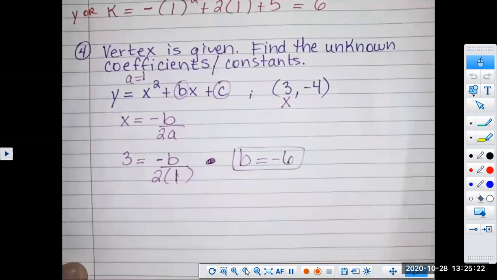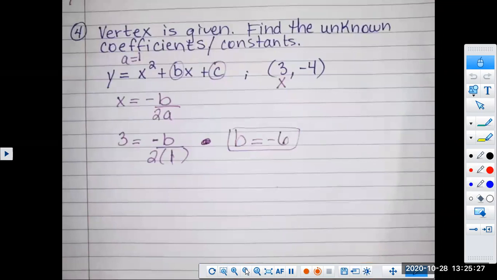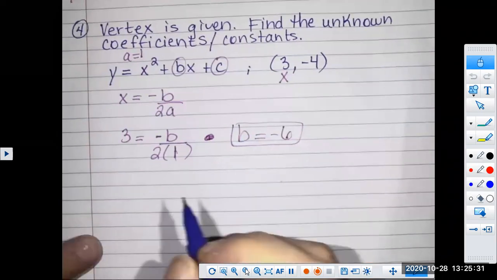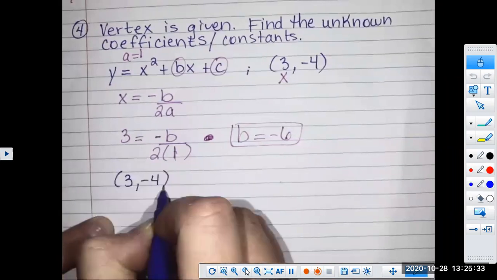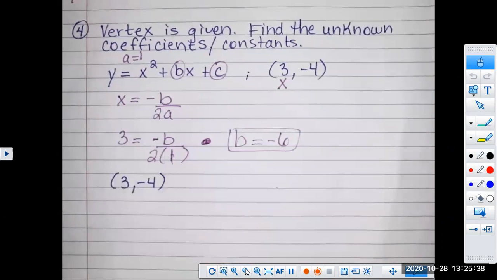Last thing we gotta do is find c. Okay, this is what you know. You have an ordered pair, 3, -4, that this graph passes through. So you have an x and y that is on this graph.